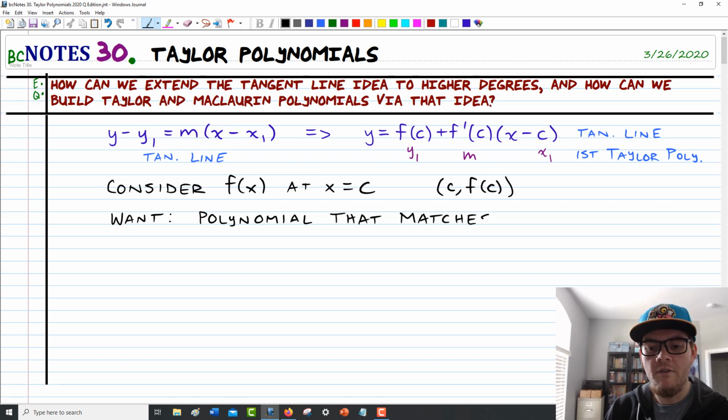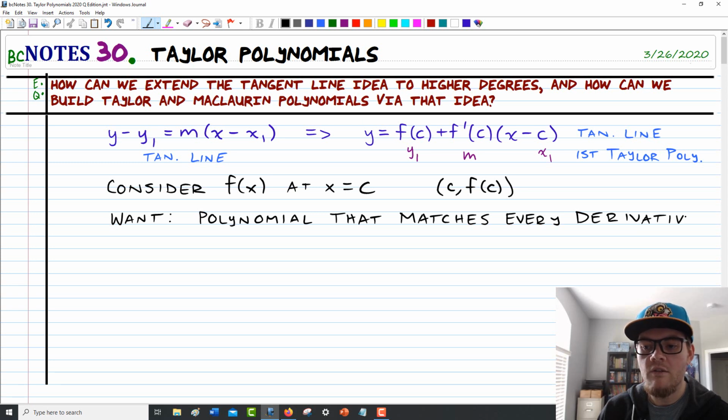I have to do this a little carefully. So we want a polynomial that matches every derivative of f of x. In other words, the process we're going to use here in just a second is differentiation. And specifically, it's not every derivative of any function in the world. It's specifically the derivatives of f of x, and specifically those derivatives evaluated at x equals c.